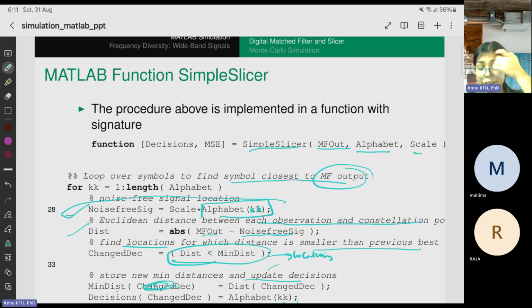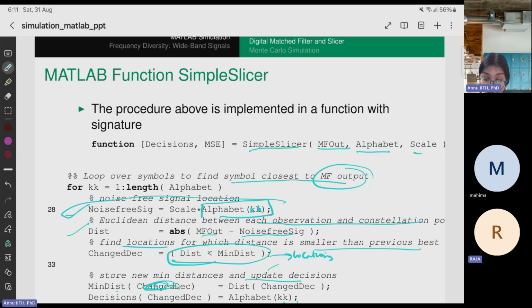You can also use a different distance, but Euclidean distance is considered the main one as per the standards. But as per the formula I can see here, there is an absolute of MF out minus noise-free signal. Is this not the formula for Manhattan distance?